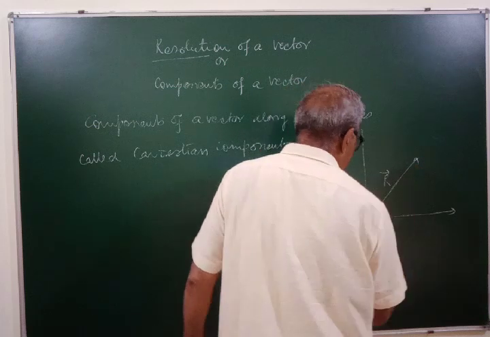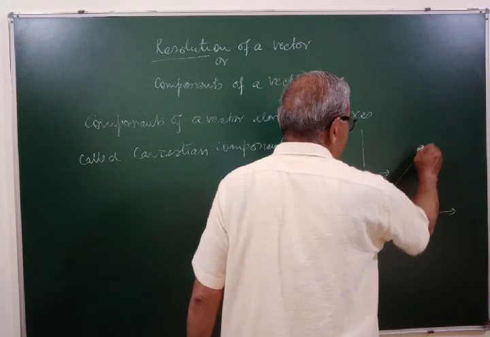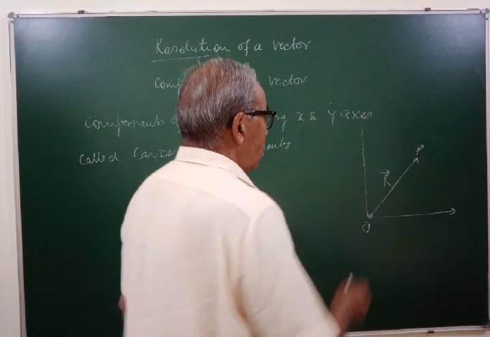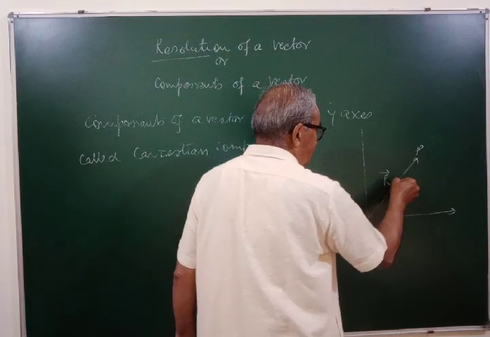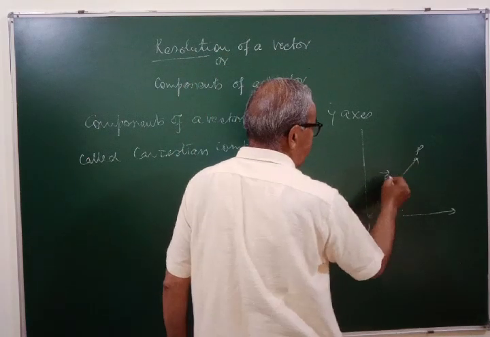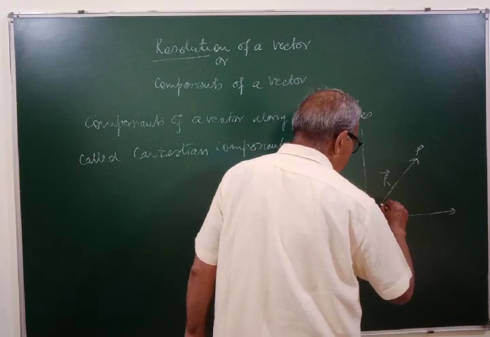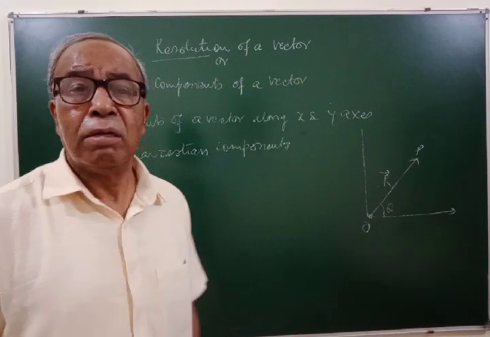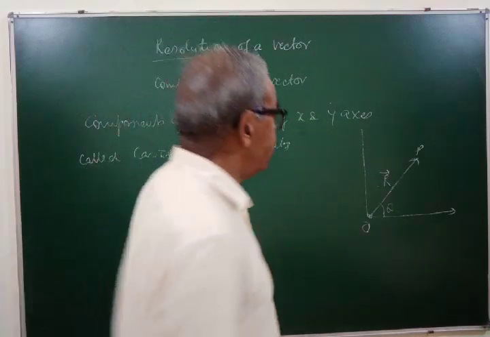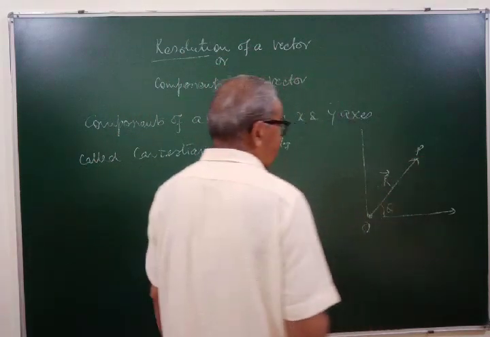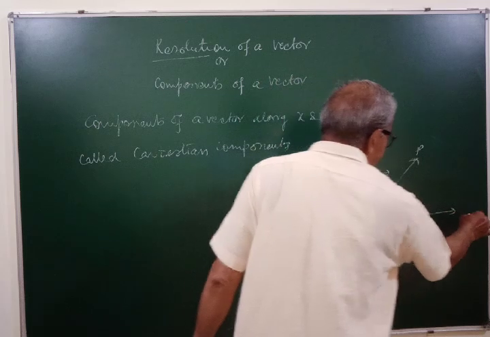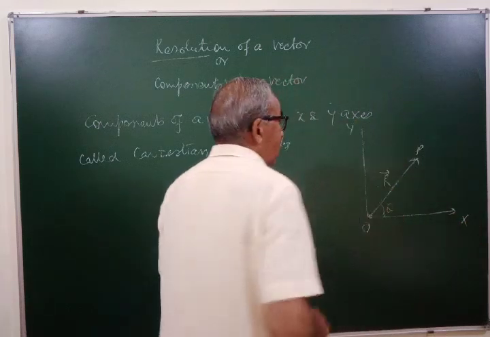And vector r, this is origin O, this is P. OP is the line of action and we can represent the vector r equal to vector OP. It makes angle theta with the x axis.